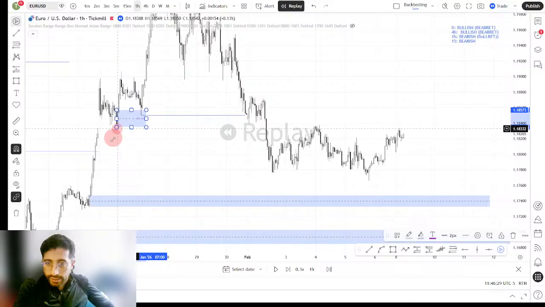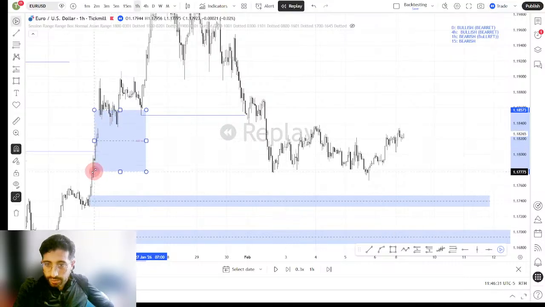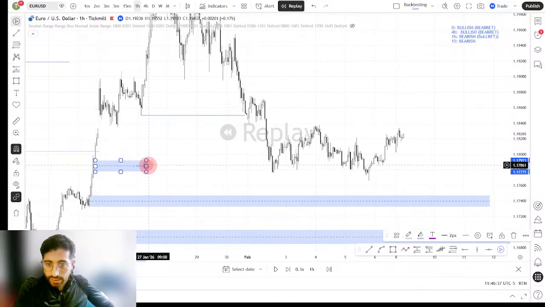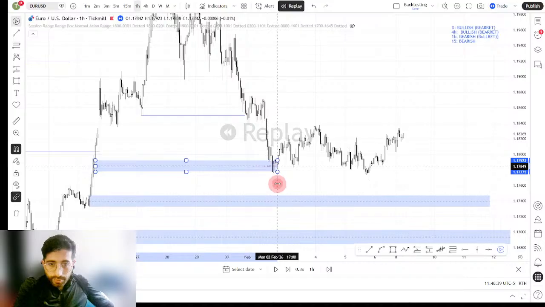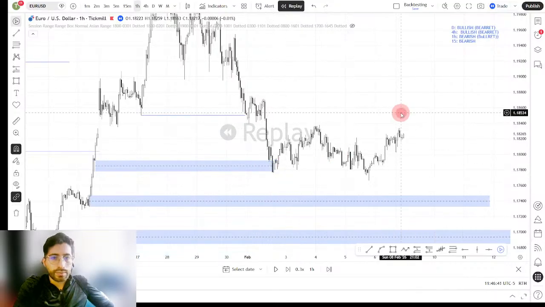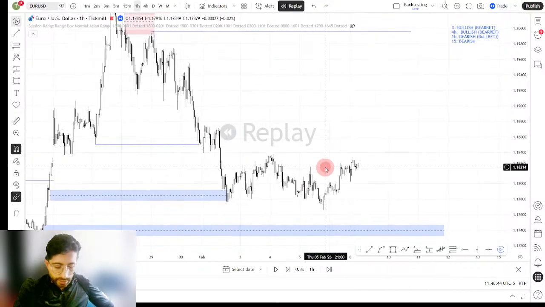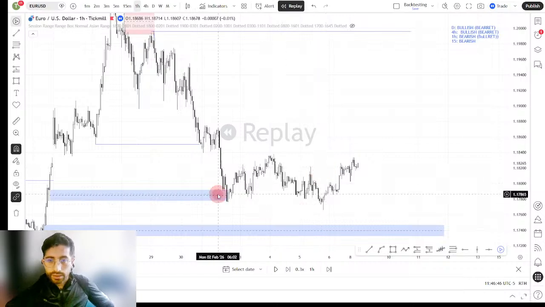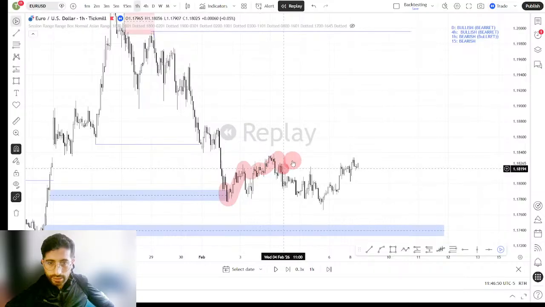I don't know if you can spot this order block, which is here. This order block, which is isolated here, boom, it was the reason why the price made this retracement, or is making this retracement.